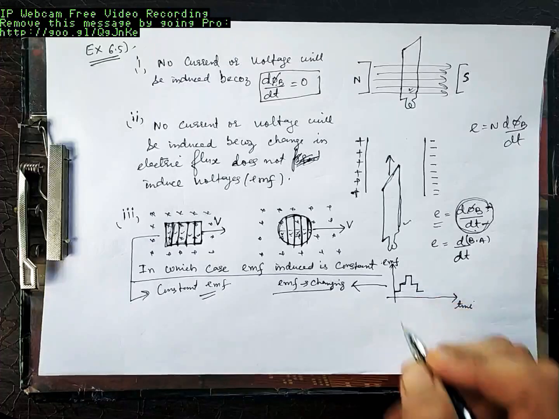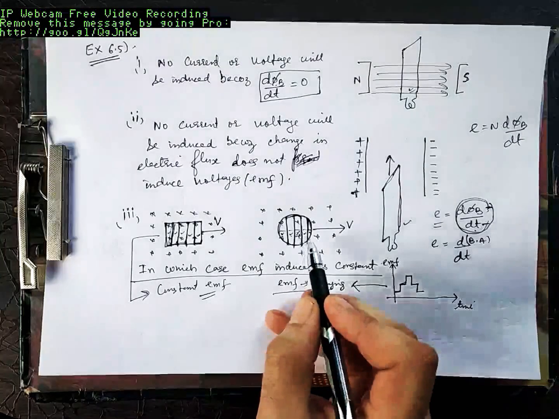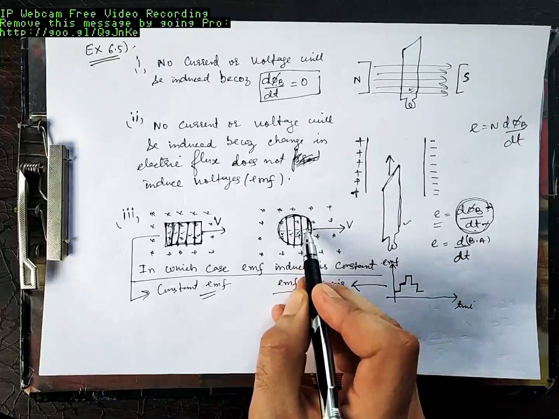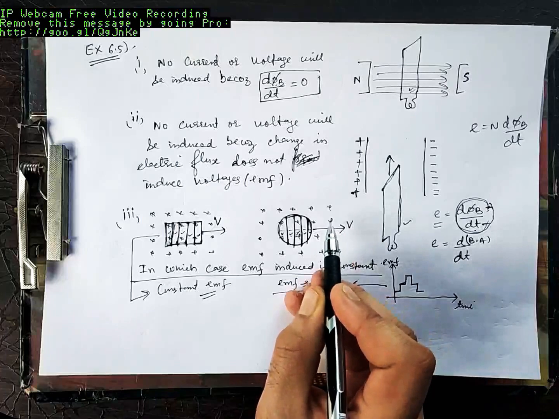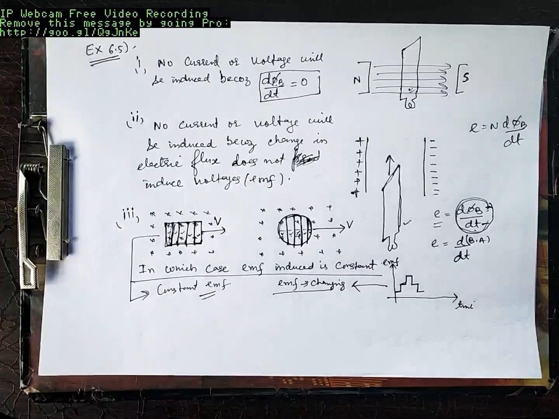This is how EMF will look. Why? Because when you pull this out of the field, the area you are taking out of the field in each second is not the same. It is different for different time instants. Are you getting me?